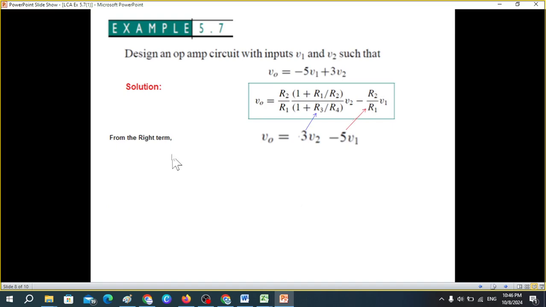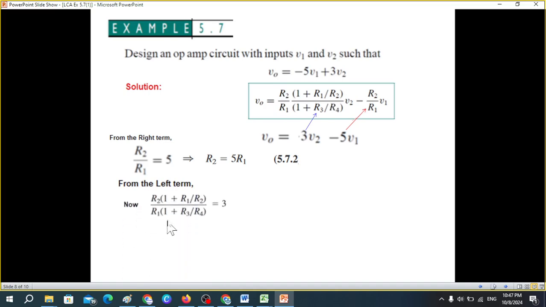So let's take the right term, this one first. So R2 over R1 is equal to 5. From here R2 is equal to 5R1. The other condition is if we take the left term equal to 3, so this is equal to 3. And now we put R2 over R1 equal to 5 here. And this is R1 over R2, so it will be 1 over 5.